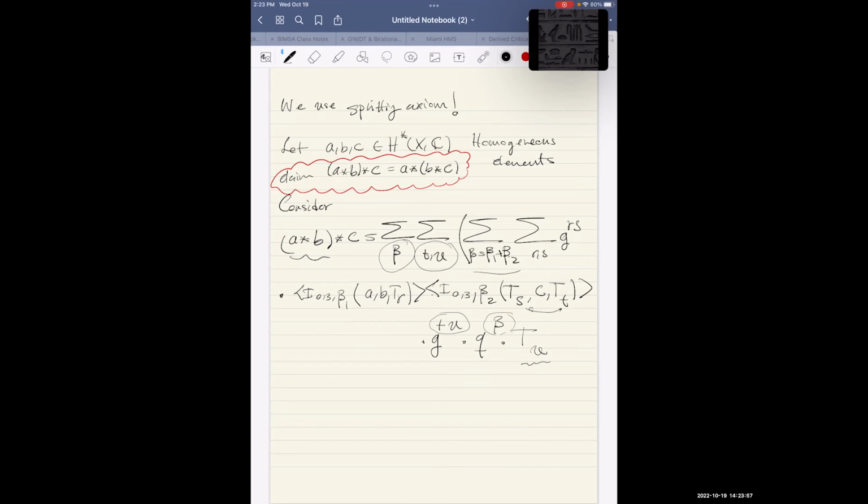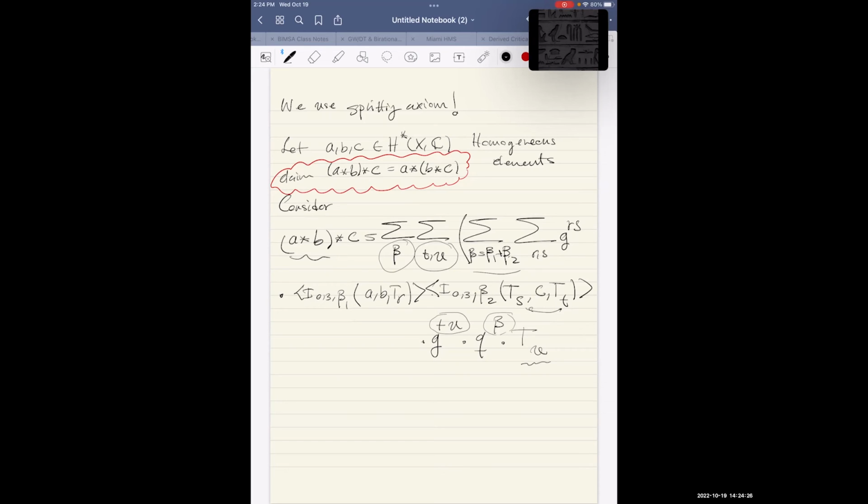Can you explain here these two sums over beta? What do they mean? It means that I'm looking at all curve classes beta 1 and beta 2 so that it becomes equal to beta. Okay, so the second sum in brackets is the sum over beta 1 and beta 2 satisfying this condition.